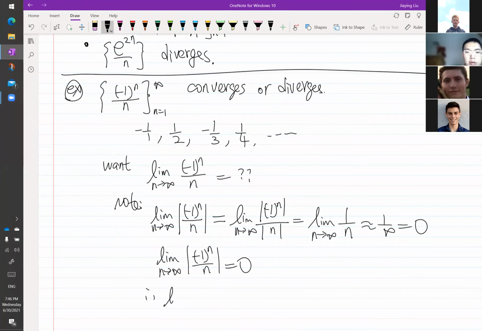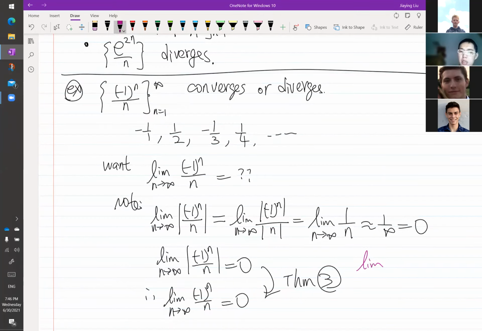Therefore, if we drop the absolute value sign, the limit as n goes to infinity of -1 to the n over n is going to be 0, using Theorem 3, which says that if the limit of the absolute value of a_n as n goes to infinity is 0, then the limit as n goes to infinity, dropping the absolute value sign, is also 0. So that's the theorem we use.